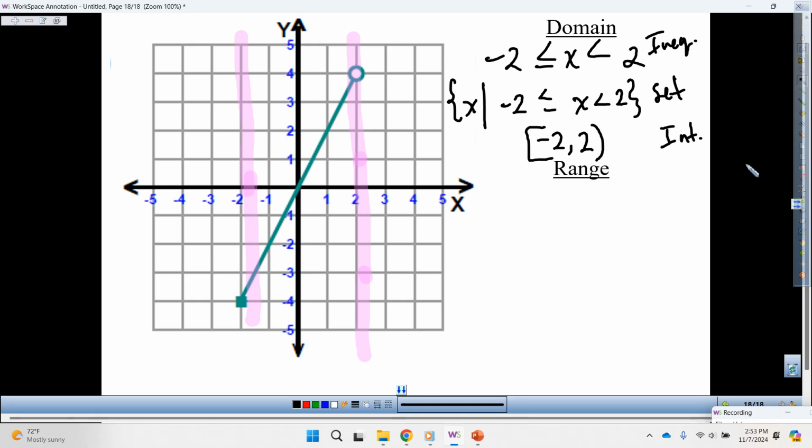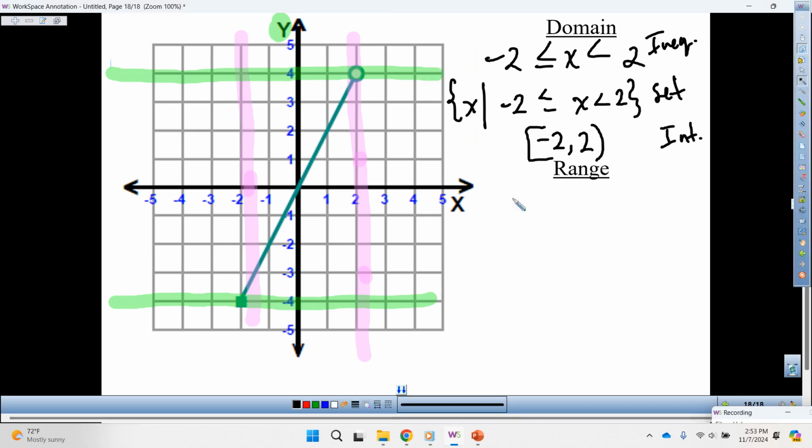All right. So, we got the domain. Let's move on to the range. I'm going to pass this to Kayla. Kayla, what y values does this graph have from the bottom to the top? Between what y values? Negative 4 to 4. Hands if you got that.